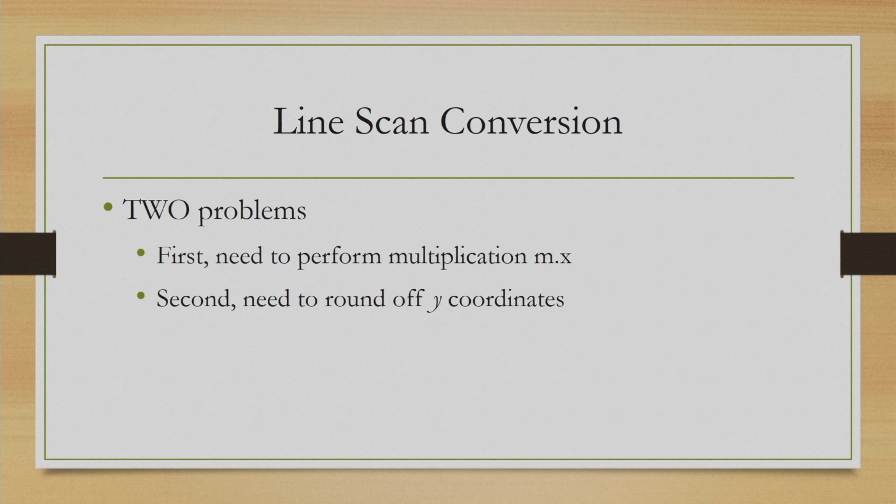Now, with this approach, as you can see, the way we have computed the values and ultimately found out the pixels, there are 2 problems broadly. First problem is we need to perform multiplication of m and x. Now, m is likely to be a real value, so that is a floating point operation.